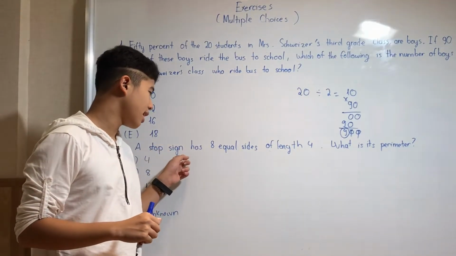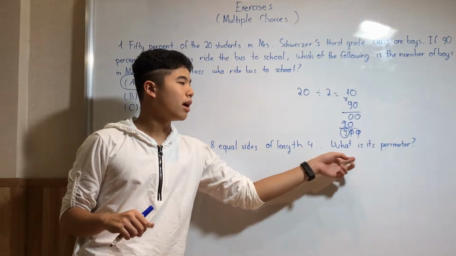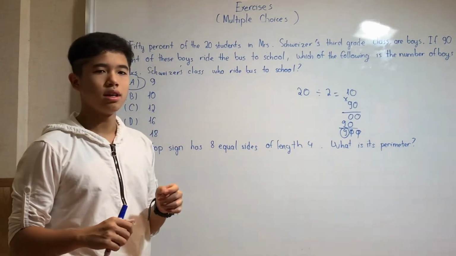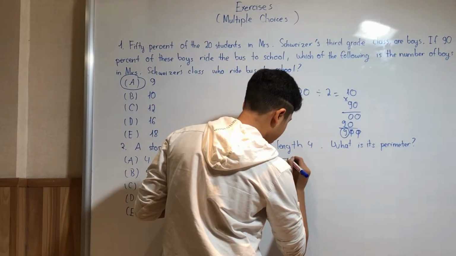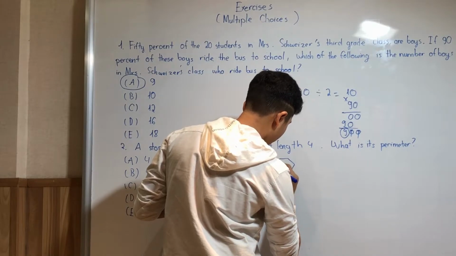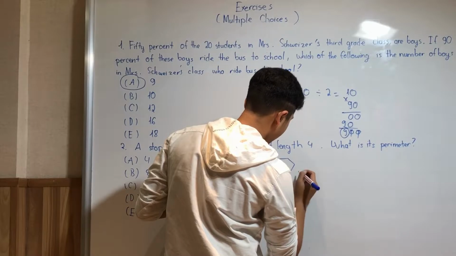A stop sign has 8 equal sides of length 4. What is its perimeter? So there are 8 sides in this one, 1, 2, 3, 4, 5, 6, 7, 8.